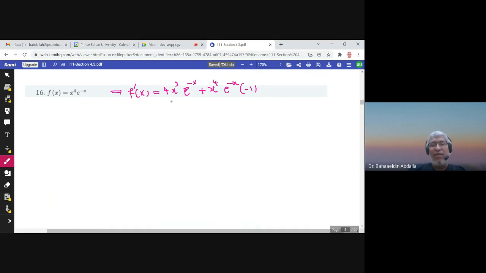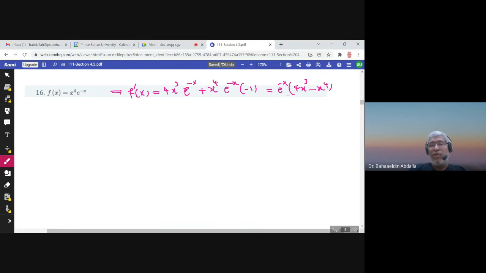Now I need to rearrange f prime, okay? So I can take e to the power negative x as a common factor. Taking a common factor is very important. So I will have 4x cubed from the first term. And here I have negative x to the power 4.